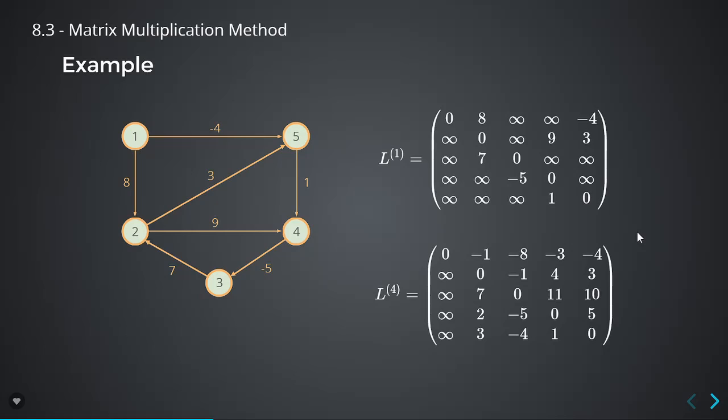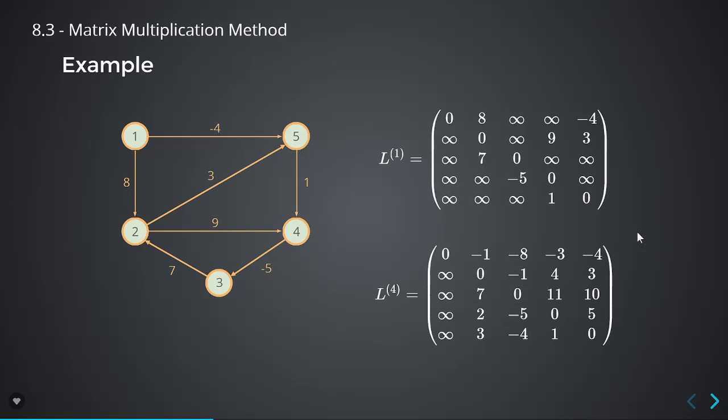And the trick here is that you can construct L2 from L1. You can construct L3 from L2. You can construct L5 from L4. You don't need L3, L2, L1, and the rest. You just need the previous L matrix. And you need the adjacency matrix, but we'll get into that, right? So that's the basic idea.